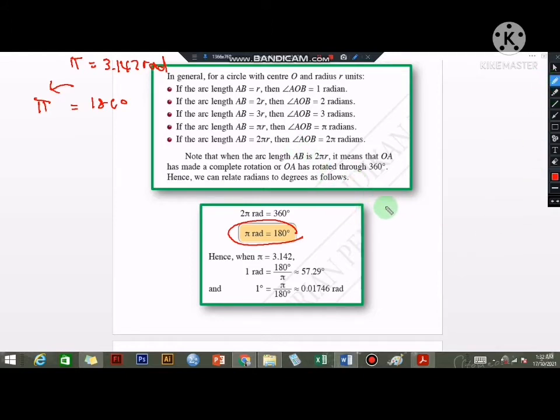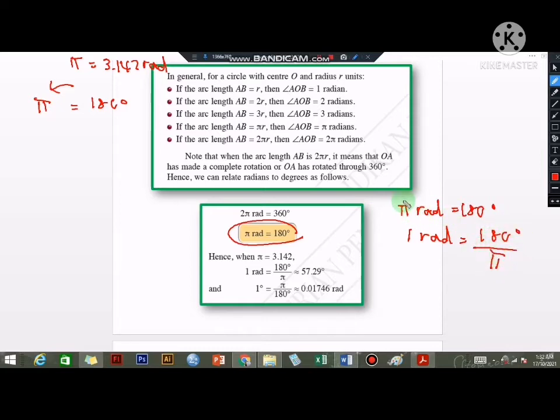You know that pi radian is equal to 180 degree. And then, what is the value of degree when it is one radian? So 1 radian is equal to 180 degree over pi.